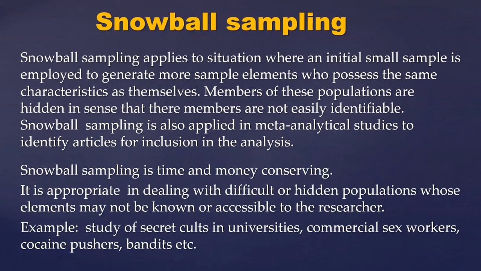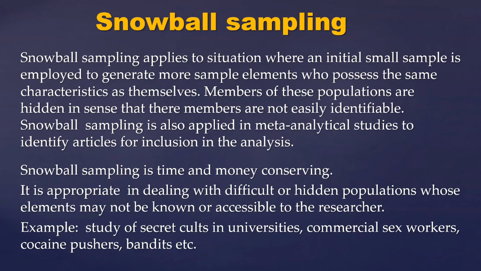Snowball sampling is also applied in meta-analytical studies to identify articles for inclusion in the analysis. Snowball sampling is time and money conserving. It is appropriate in dealing with difficult or hidden populations whose elements may not be known or accessible to the researcher.